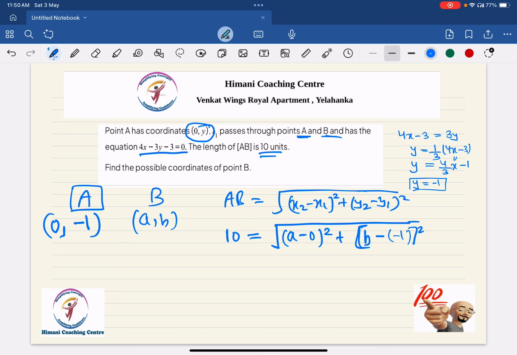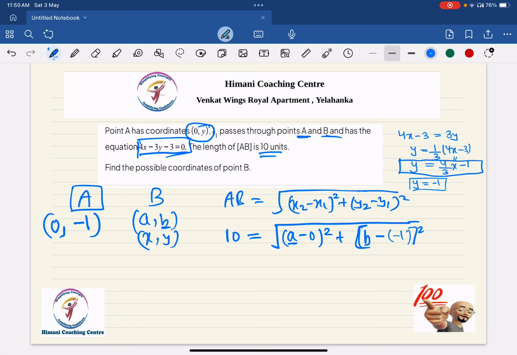Now understand, this b is y only. And what is y? y is 4 by 3 x minus 1. And what is a? It is x, because we have to use this line only. So this is actually x and y only, so we can replace that and write.